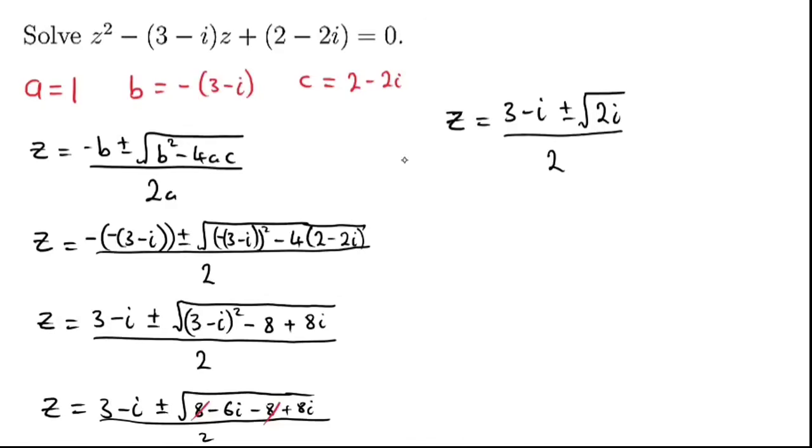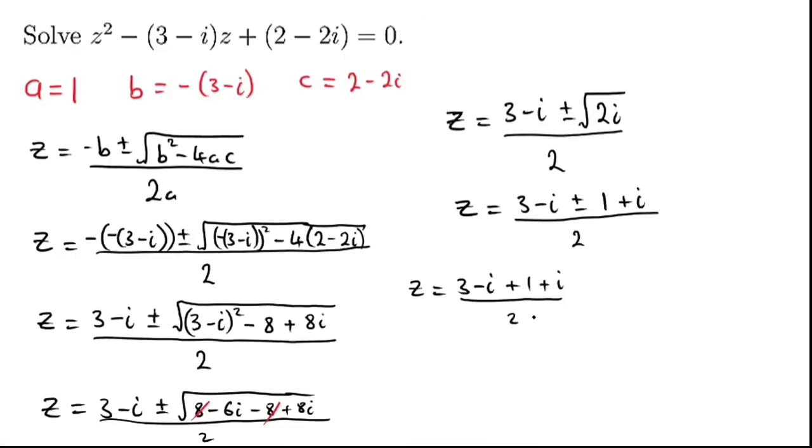So if we go back to our question, we can now replace the square root of 2i. So z is equal to 3 minus i plus or minus 1 plus i, and all this is over 2. So z will be equal to 3 minus i plus 1 plus i, divided by 2, or z will be 3 minus i minus 1 minus i, divided by 2.